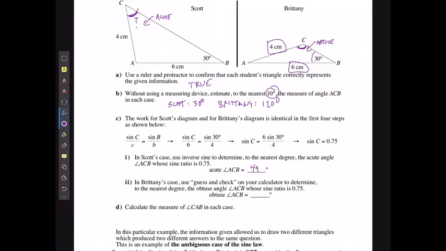When Brittany is using guess and check on the calculator to determine to the nearest degree the obtuse angle whose sine ratio is about that much, she's putting in sine 120, sine 130, sine 140, trying to get closer and closer. And she found that the closest angle was 131 degrees.